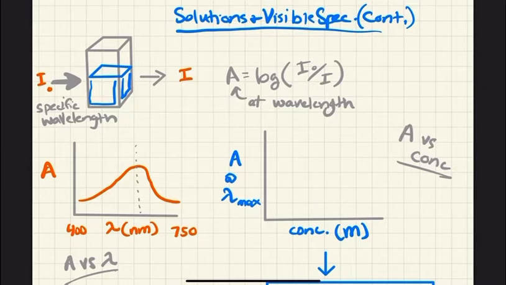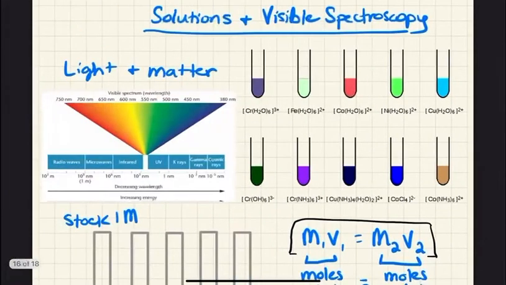And we could shine light at just one wavelength, but if we don't know the properties of the substance that we're working with, we might need to actually first look at how the absorbance relates to wavelength. So we already saw in the previous slide that all of these complexes have different colors. And the reason they have different colors is because they absorb different wavelengths.